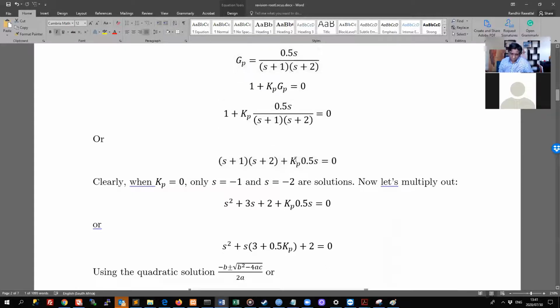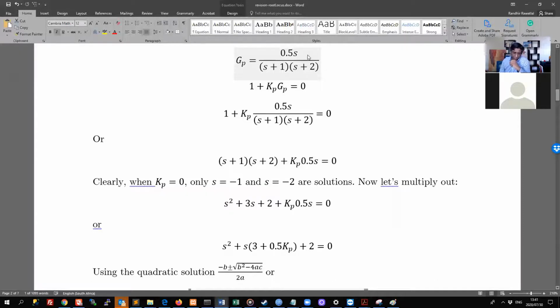So we've got this development. We know the starting points, -1 and -2, and those are just the poles. We can see that there is going to be a 0. So one of those loci originating at those 2 points is going to go into 0, so this is s minus 0.